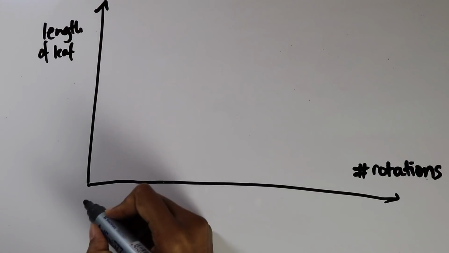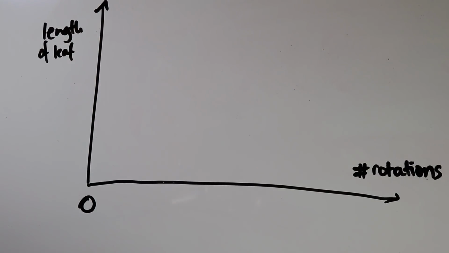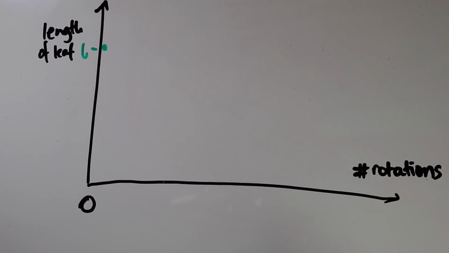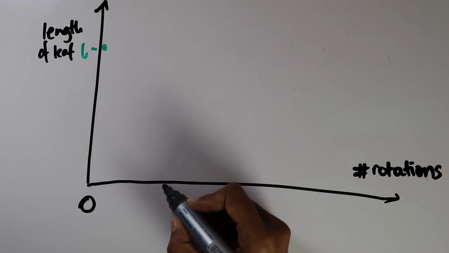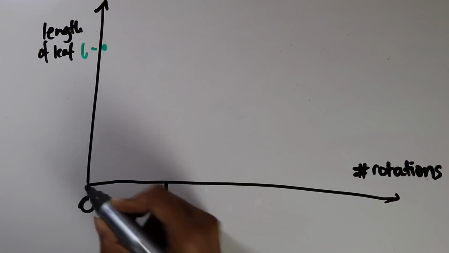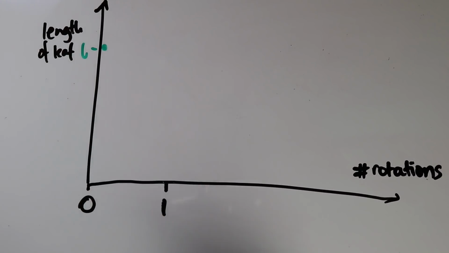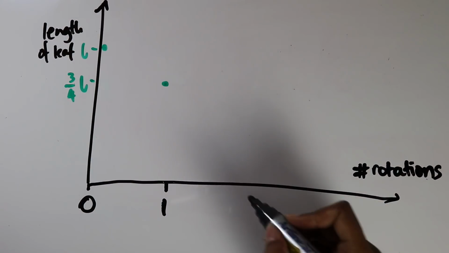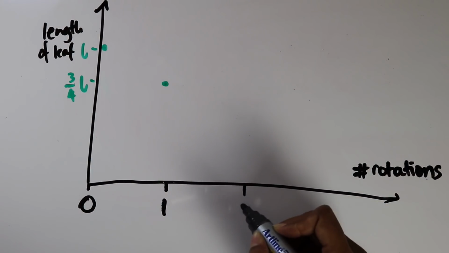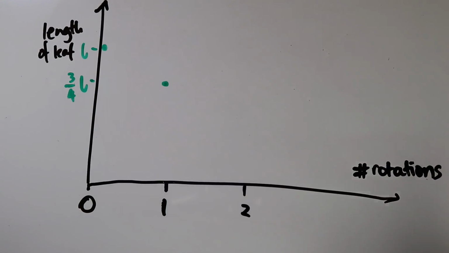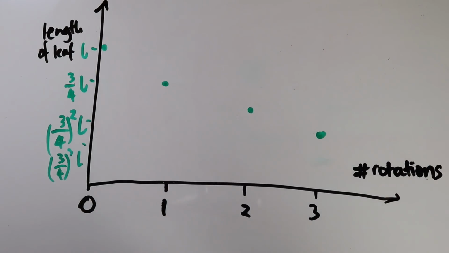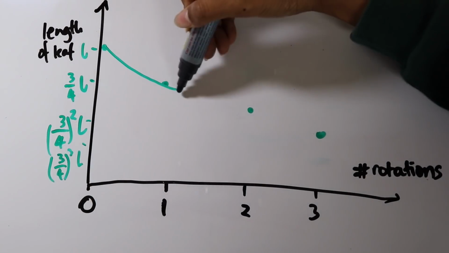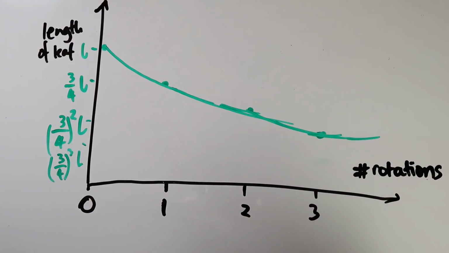The first leaf has gone 0 rotations around the tree and its length is L. We know that if a leaf were to go around 1 full rotation, its length has to become 3/4 of L. But here, after 2 rotations, it has to be 3/4 of that. This function is exponential decrease.